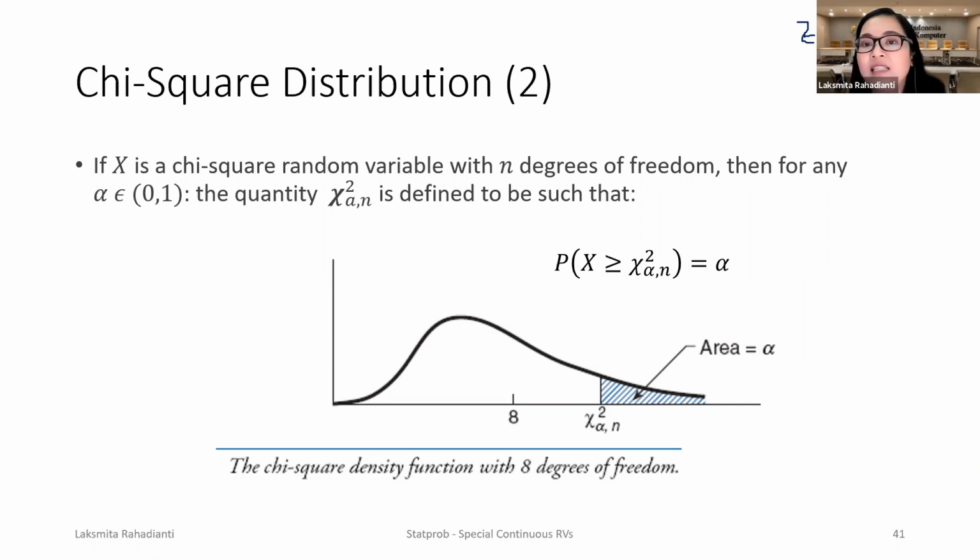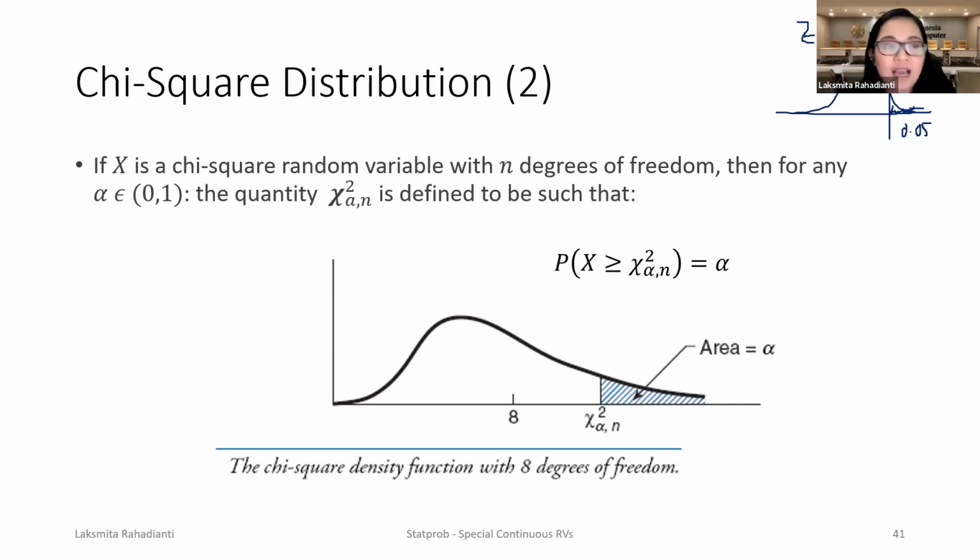So when I say Z 0.05, that means from a normal distribution, where do I draw the line so that 0.05 of my population falls on the right-hand side? So bring that thought process into the chi-square distribution.